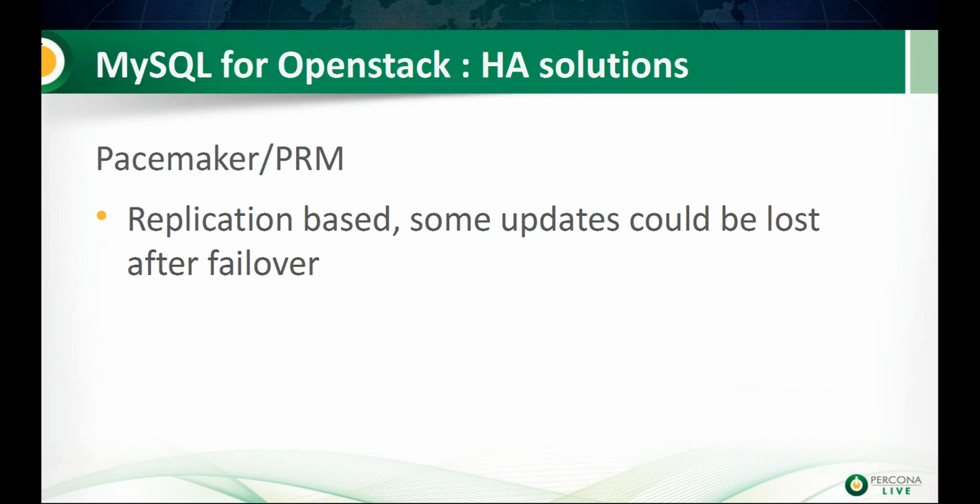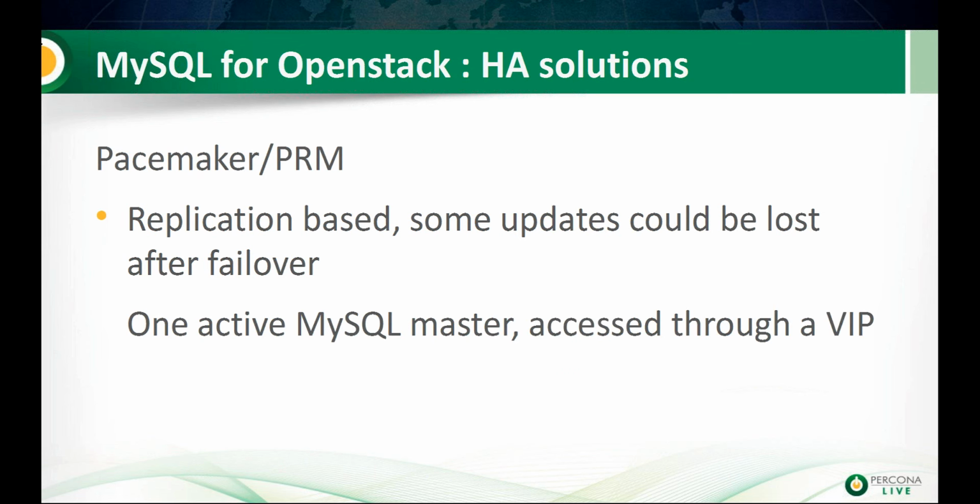If you promote a slave to be a master, it may be missing. You have to consider this. The worst that could happen is you started a VM, it has not been recorded as started, and it started, but OpenStack thinks it's still down. But there are some cleanup procedures for that, and it should be very, very exceptional.